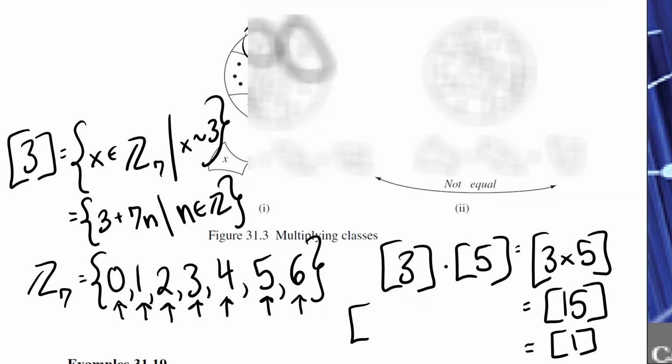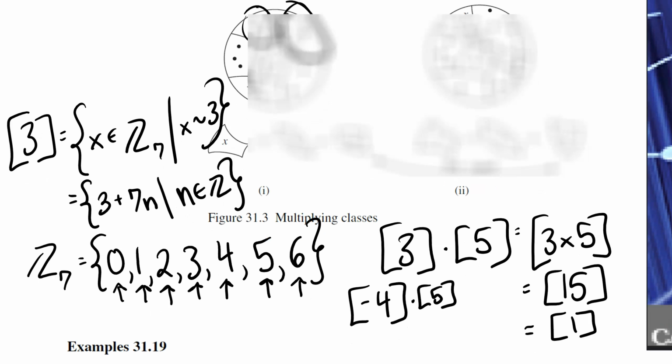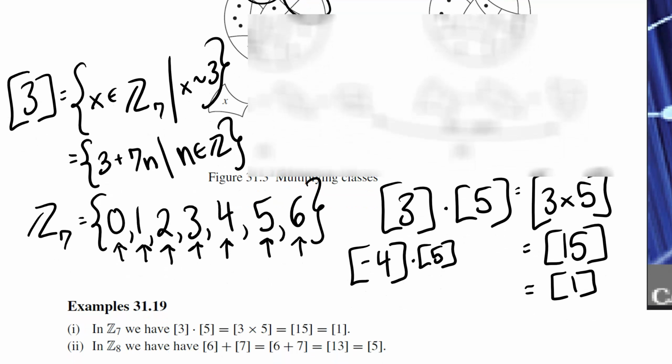Okay, 3 minus 7, which is negative 4. We could do that times 5, and we hopefully will get the same equivalence class as before. So we'll get negative 20. Negative 20 mod 7.